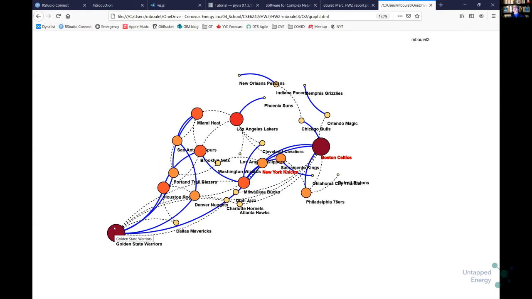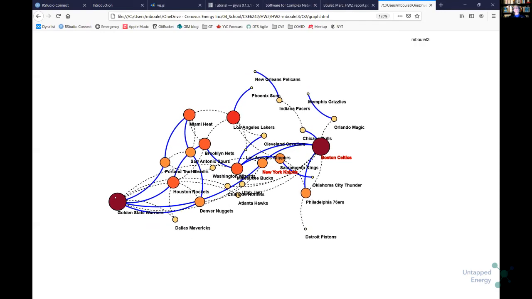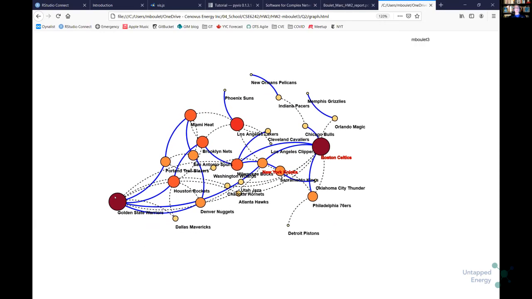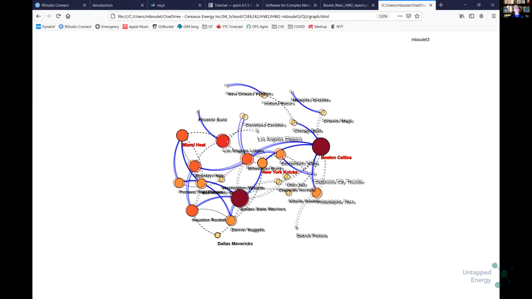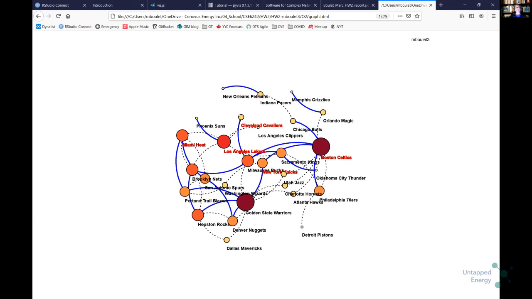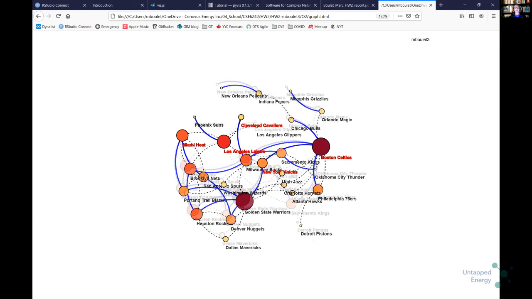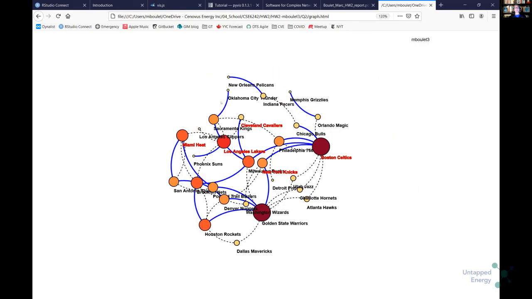D3 is a very powerful visualization library, and so you can see how you can connect things with different lines, different thicknesses. The actual nodes themselves have different colors, that kind of thing. It was just meant as a customization exercise, but it's a fun little one to play with, and it has a very, very responsive physics engine.